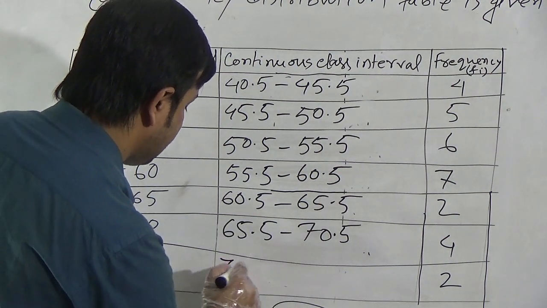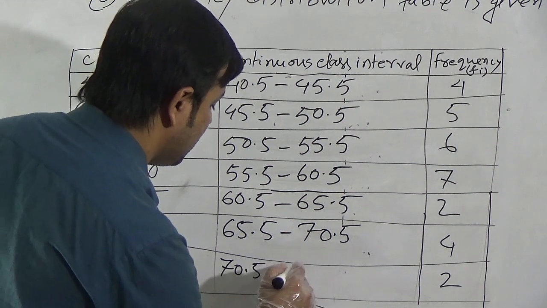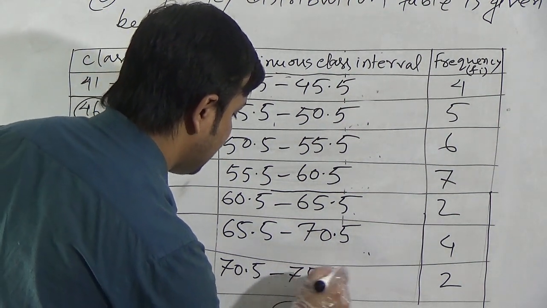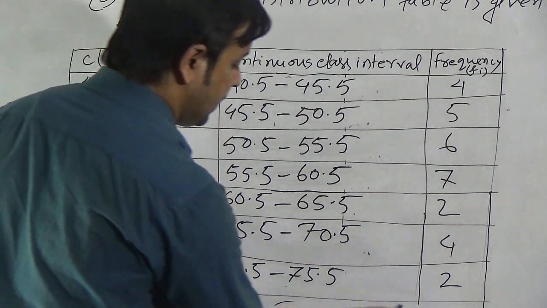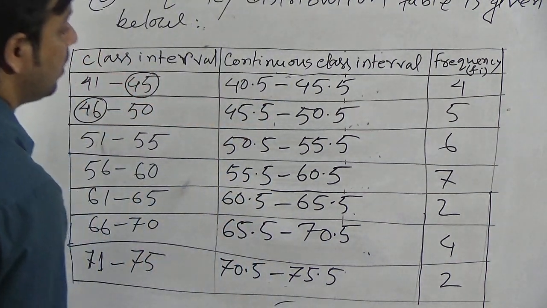Now 70.5 to 75.5. This is our continuous class interval.